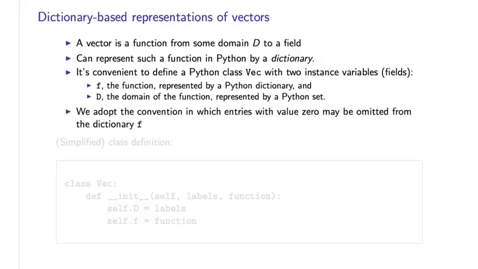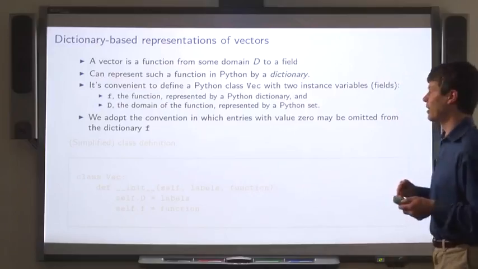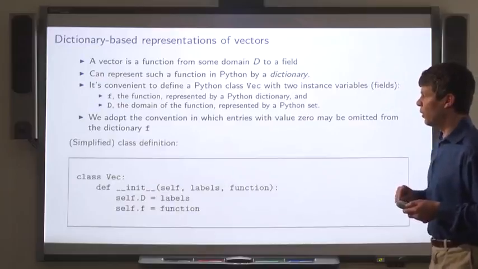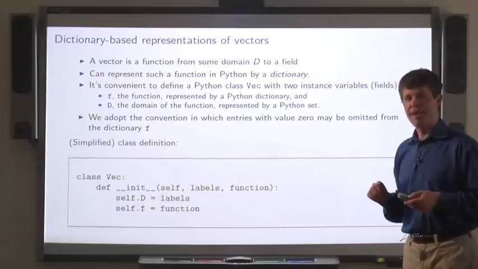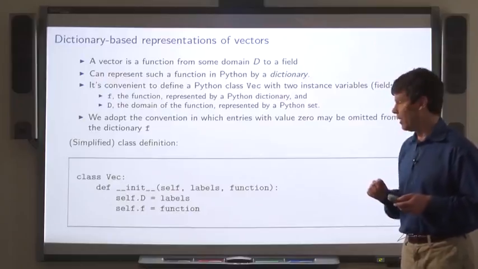And here we're going to adopt the convention that entries whose values are 0 don't have to be represented in the dictionary. This is our sparsity representation. So here's a bare bones definition of a class that has these two fields.